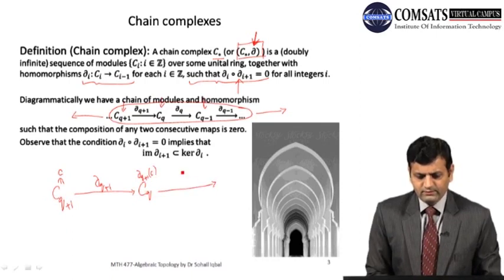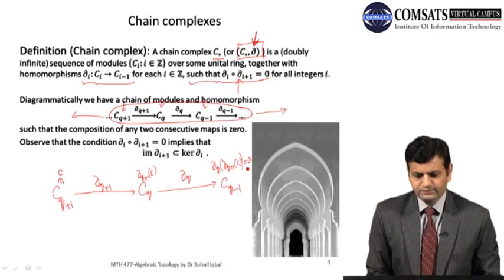When I apply partial q again on partial q plus 1 of c, I get an element of C_{q-1}, but it is 0. So this element partial q plus 1 of c belongs to the kernel of partial q.